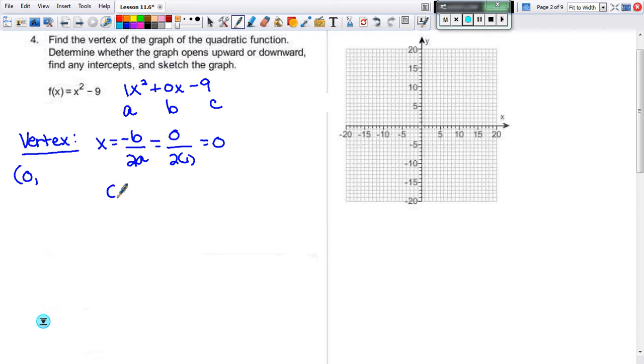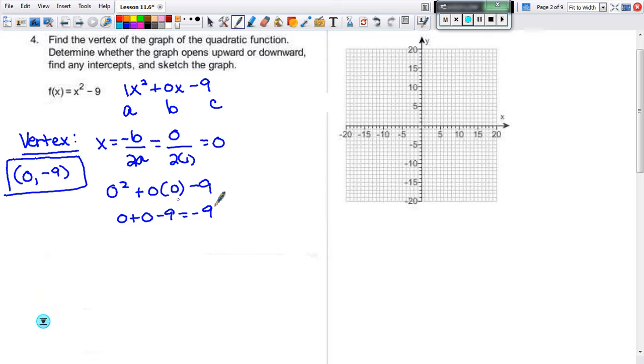So then I plug that into the function. 0 squared plus 0 times 0 minus 9. So 0 plus 0 minus 9 equals negative 9. So the vertex is 0, negative 9. Because a is a positive one, it opens up.